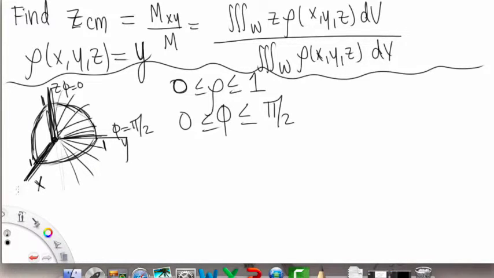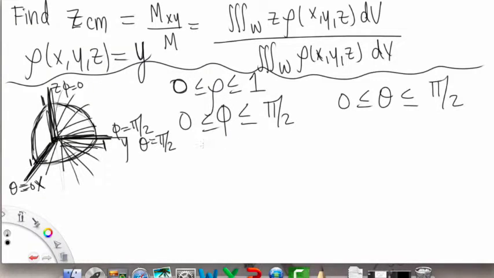Theta starts on the x-axis, so theta equals 0 here, and it sweeps across the xy plane until it gets to this point, where theta is also equal to pi over 2. So theta goes from 0 to pi over 2 as well. That is how we got our bounds, not magically like I just wrote them.